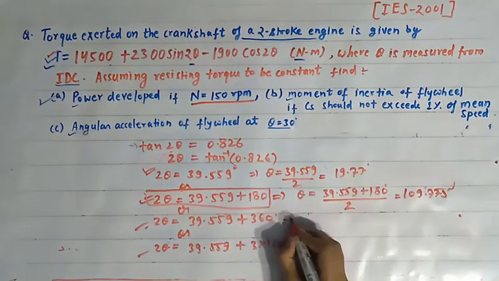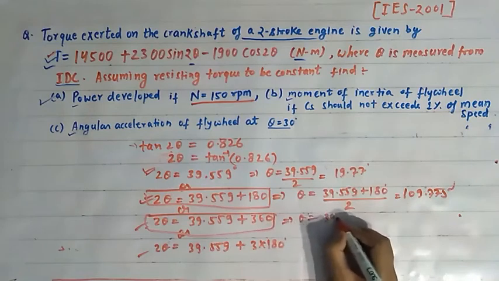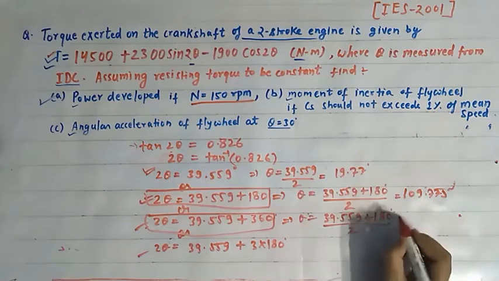From this equation, the value of theta will be equal to 39.559 plus 180 degrees divided by 2 plus 360.